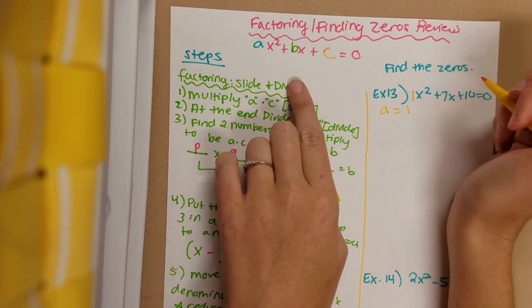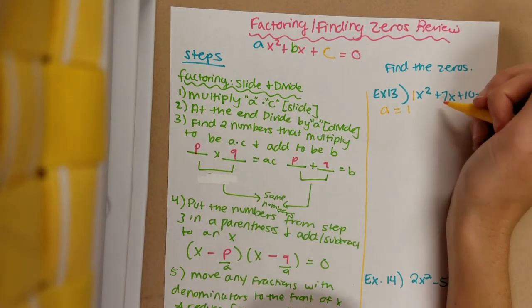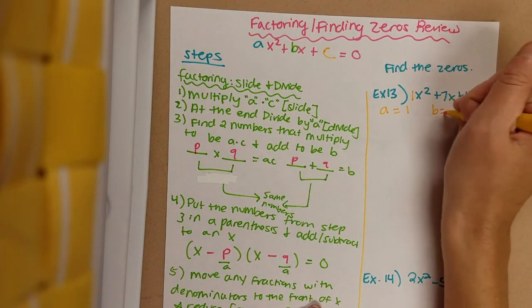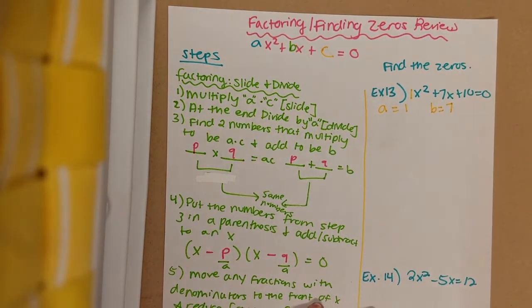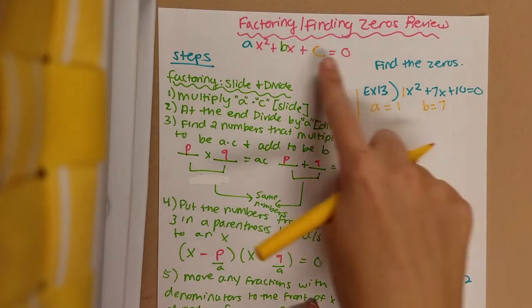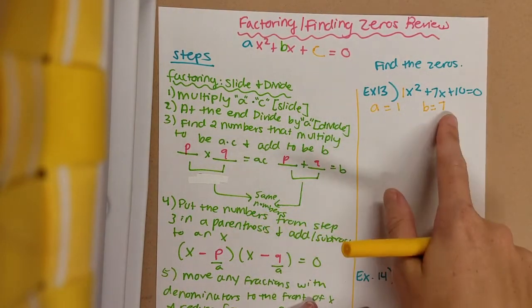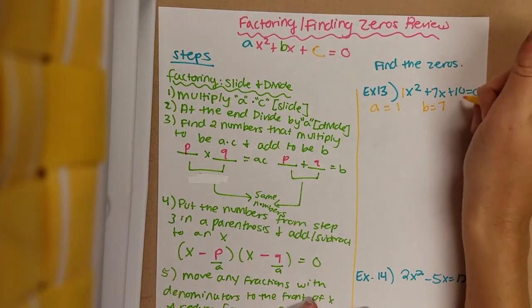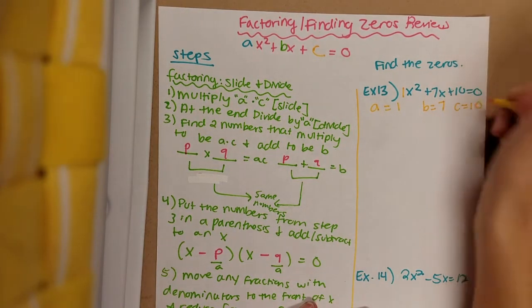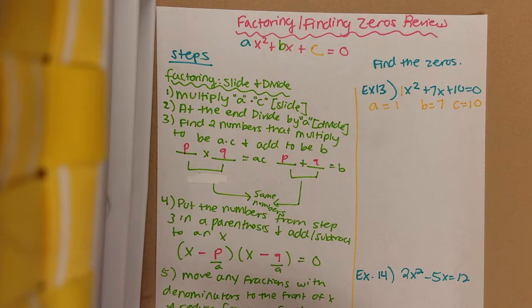My B value is the number in front of x, which is 7. My final value, the C, is the term without the x, which is 10. Because I'm going to be referring to A, B, and C in the problem, it's good to know what those are at the start.